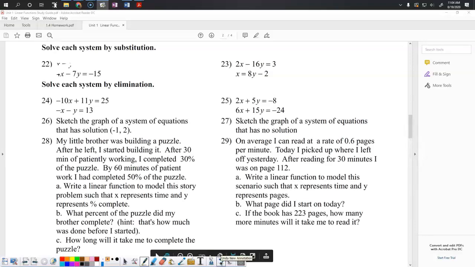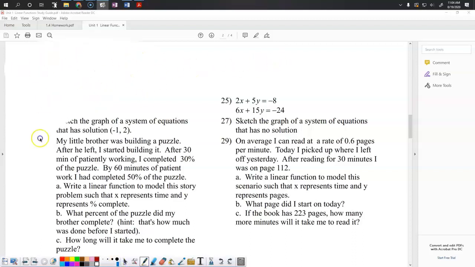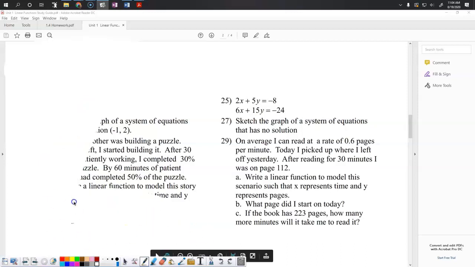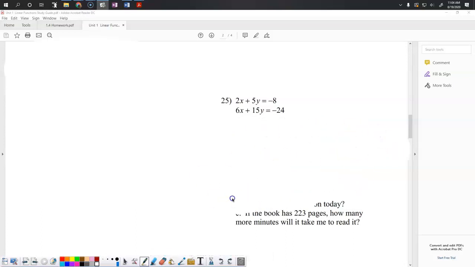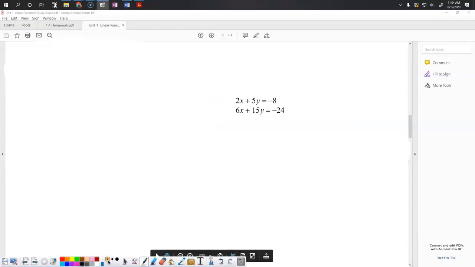Darn it, I gotta re-erase everything. Sorry, just a minute. We didn't want the 23 up there. We want 25. Okay, now we can get to work. Sorry about that. Here we go.